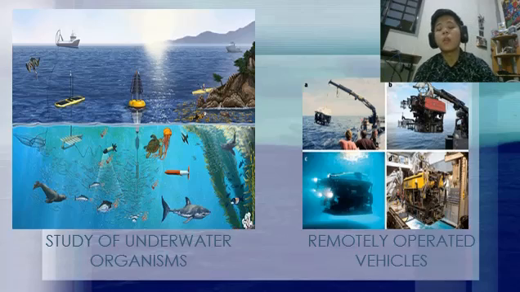While remotely operated vehicles are very important for navigating crashed aircraft, sunken ships, undiscovered treasures, untraveled parts of the sea, and underwater exploration since it is man driven. Someone is driving or remotely controlling those vehicles to navigate the ocean.